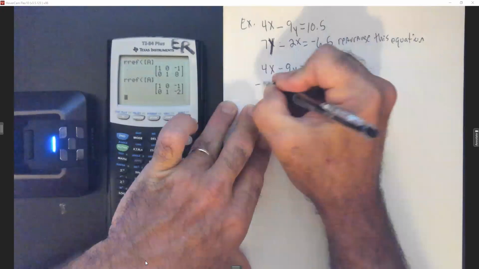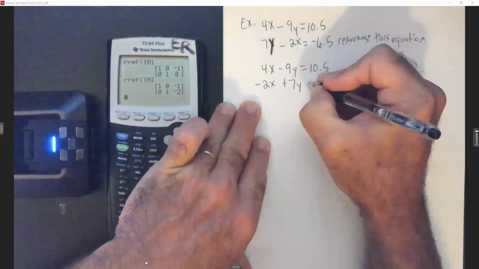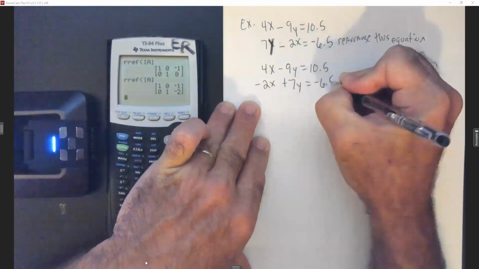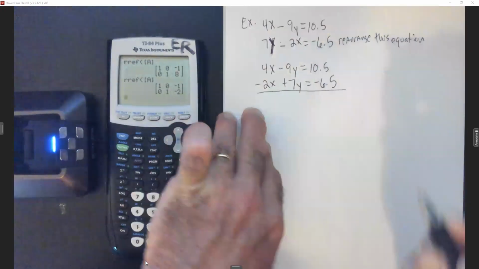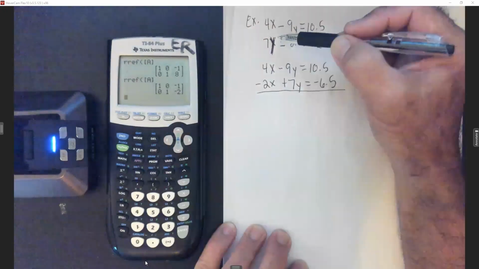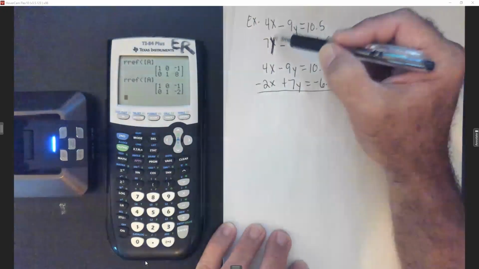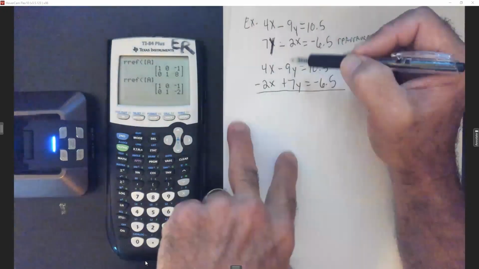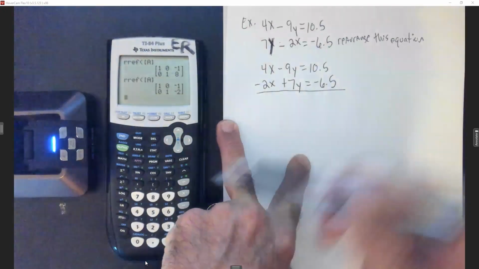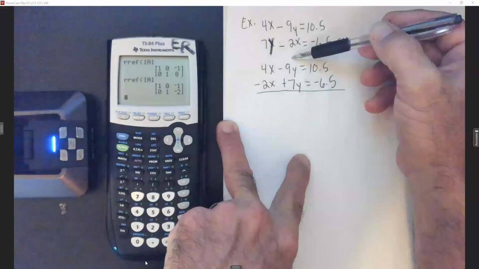Negative 2x plus 7y is going to equal a negative 6.5. Okay, so you got to have these in the right order. So watch out. Number 3 is going to put them out of order. You got to put them in order before you can actually work it. And you even have to put these in order before you can do it on the calculator. You got to have the x's in the first column, y's in the second column, and then your solutions.